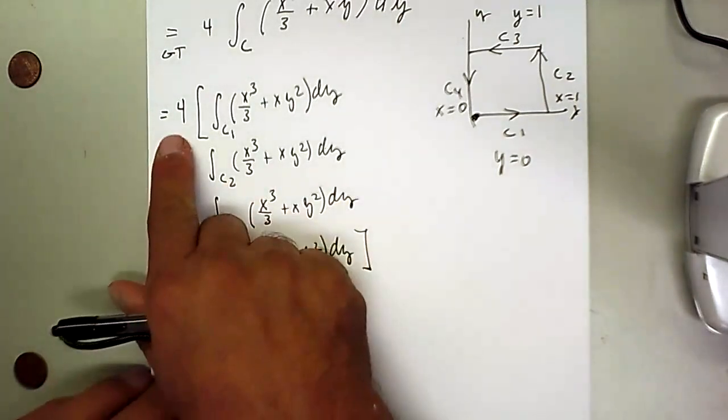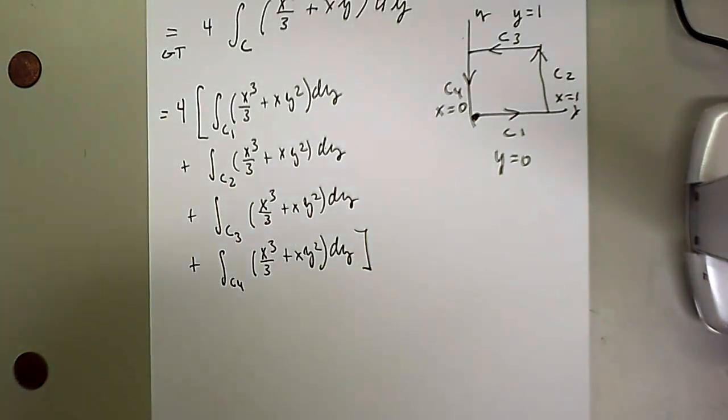Close the bracket because that has to be multiplied by 4, each one of them.